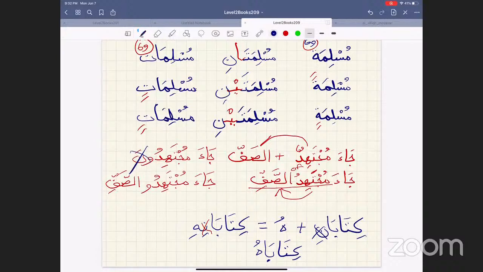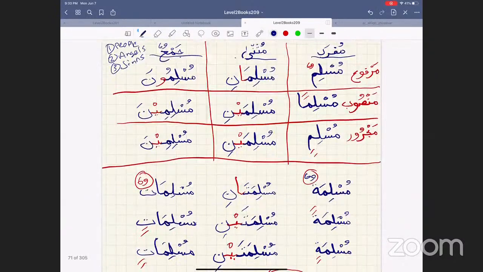We eliminated the noon. So basically the rule here is whenever you have an idafa construction and the word ends in ani, aini, or una, ina, that noon drops. These noons right here, let me highlight them for you guys, are all droppable when they are the mudaf of a mudaf ilayh in an idafa construction.